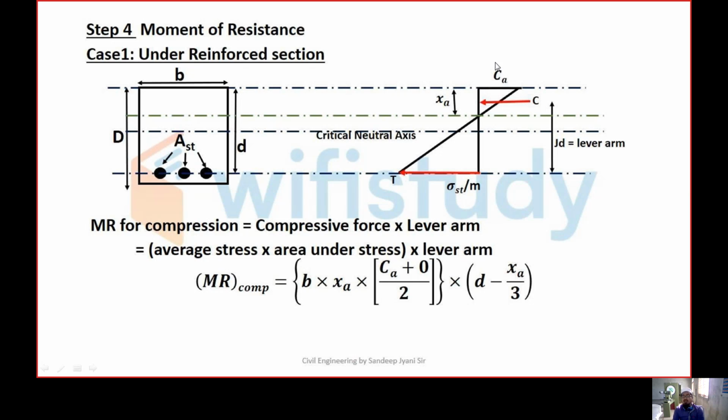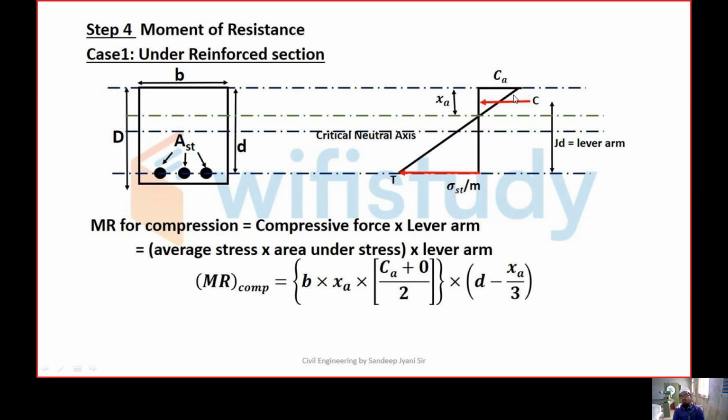In the extreme fiber of the concrete, that is the maximum compressive stress. Similarly, in the bottommost fiber of the concrete, this is the maximum tensile stress. And why we should find the average compressive force, we are going to see now. So for now you can say that this is the average compressive force.